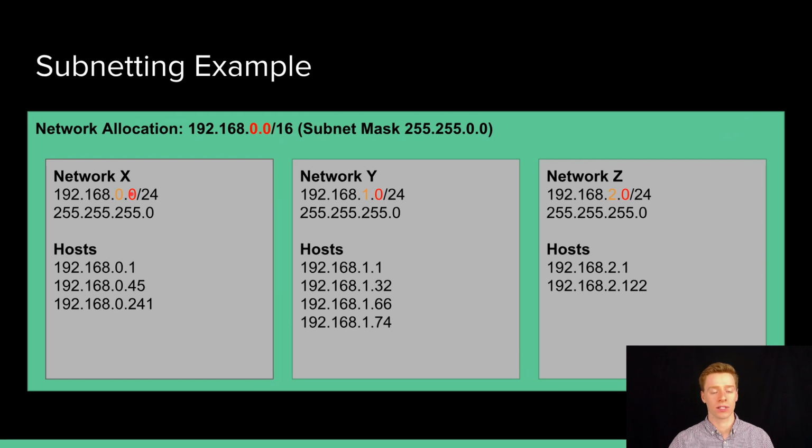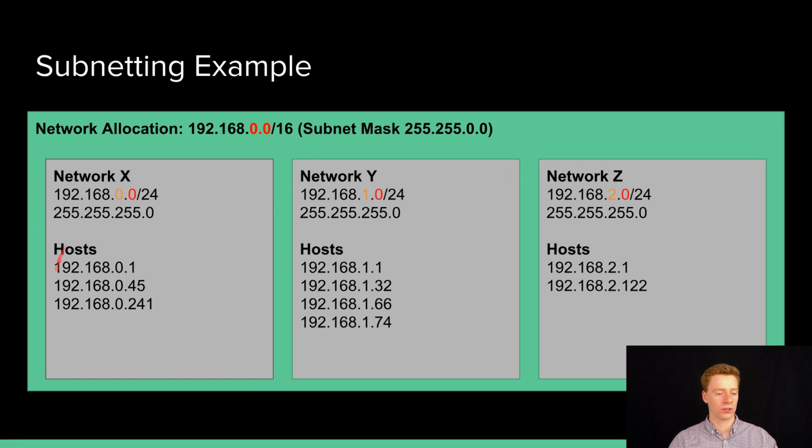And we're going to leave this octet for the host ID still. So this 24 is representing, this is the host ID that can change. And then if we have a look similarly over here, we have our network ID and our subnetwork ID. And then the hosts can still be allocated there. So we've also put here the subnet mask in case we need that, but that's equivalent to our /24.